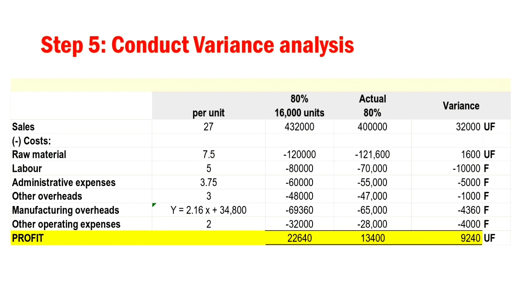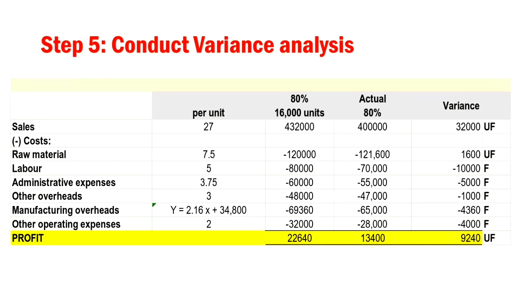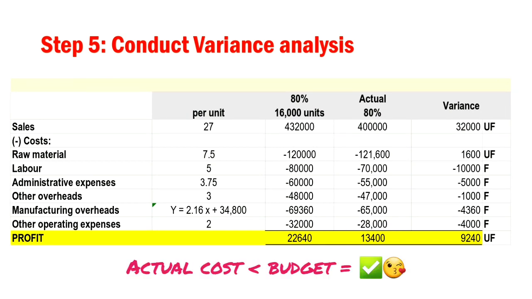Sales, let's say. Sales, income. We want the actual income to be higher than budget. So look at actual 400,000, budget 430,000. So it's actually lower. That's why the sales is unfavorable. Whereas the cost, you want the cost to compare actual with budget, the actual lower will be favorable.